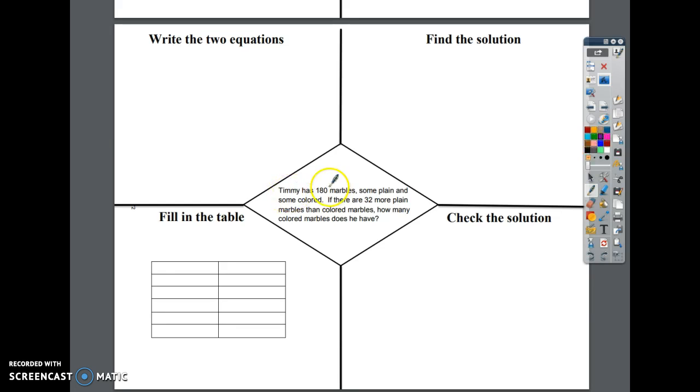Says Timmy has 180 marbles. Some are plain and some are colored. So P for plain, C for colored. Altogether 180. So the plains plus the colored ones equals 180.